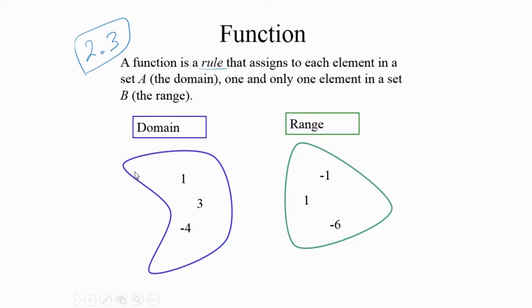So here's an example: if the value in the domain is 1, the value in the range would be -1. If it is 3, it would be -6. If it is 4, it would be 1. Okay?